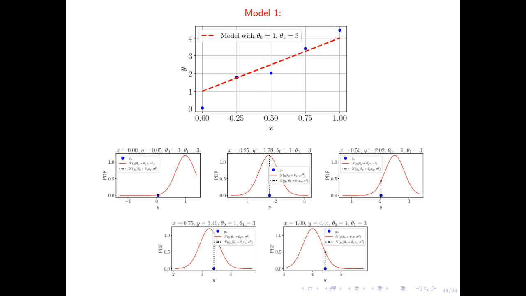If I plot a PDF at this point for this data point, the distribution looks like this. It's centered at 1. And we can see that for this model, this point is located somewhere in the tails.